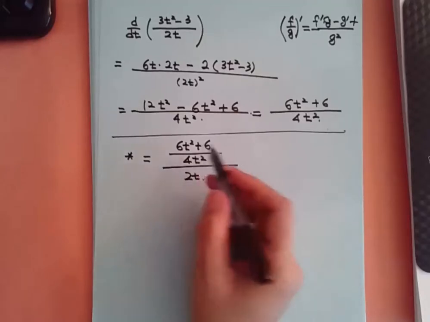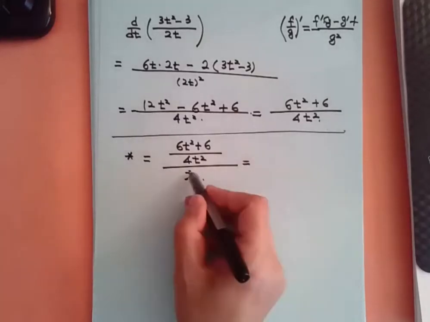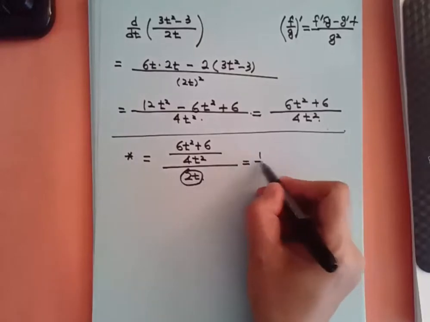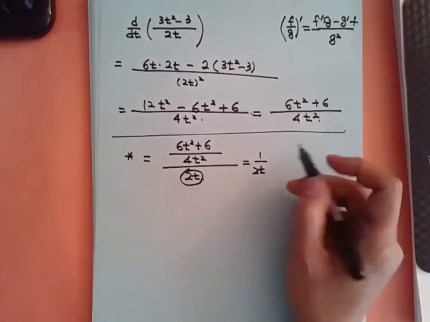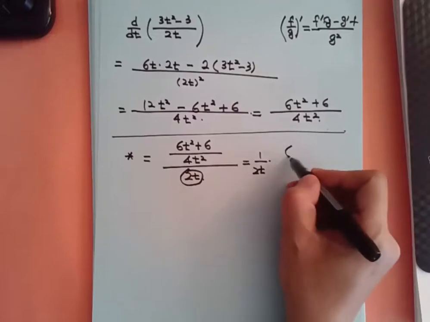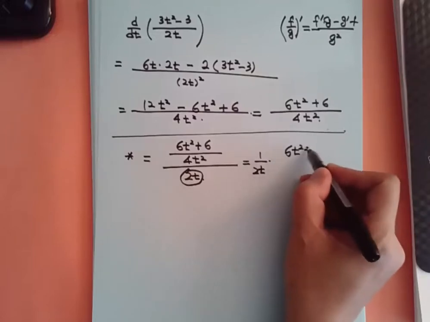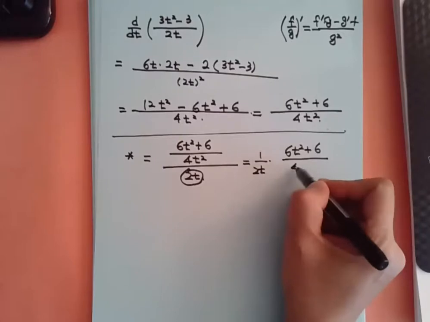This can be rewritten as 1 over 2t times the numerator, 6t squared plus 6 over 4t squared.